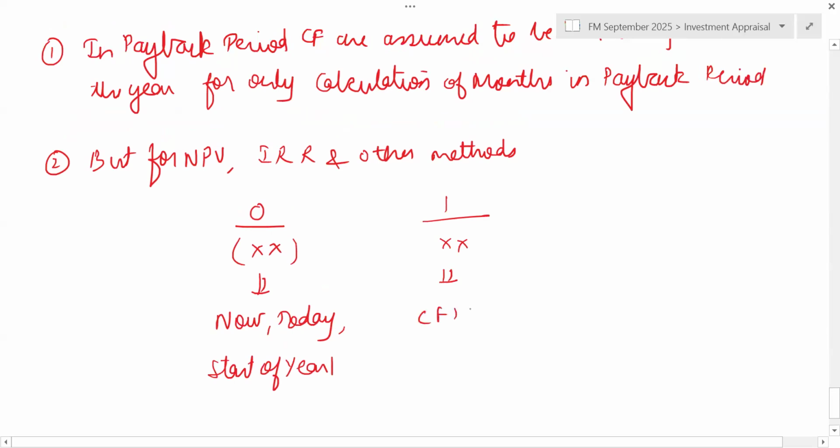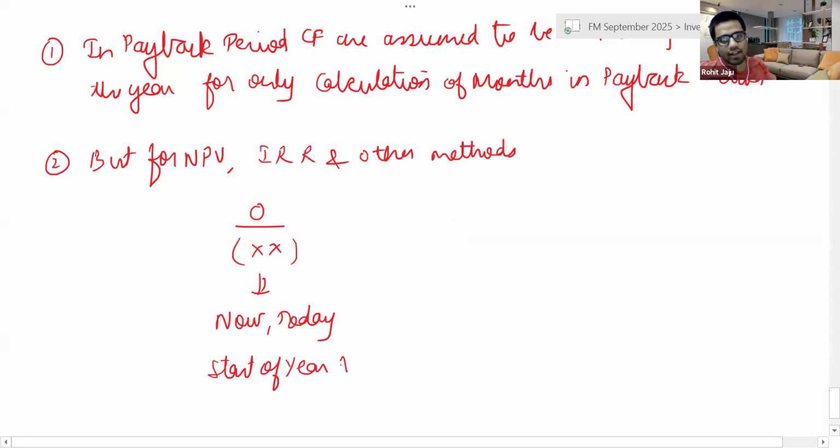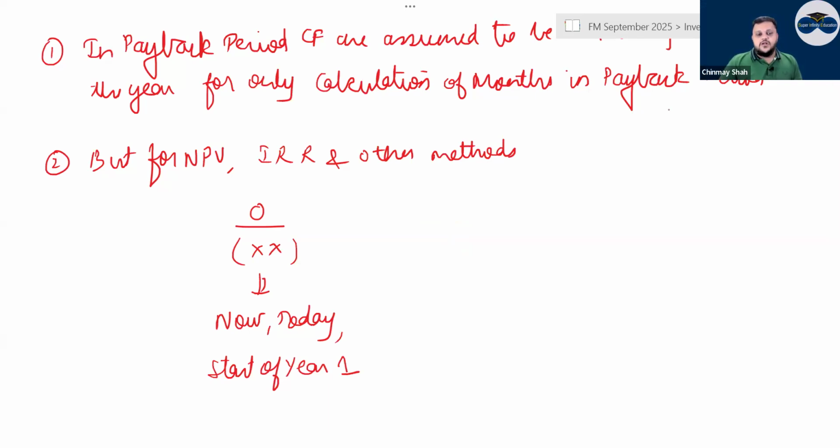Cash flow received at the start of year 1. Today, now, or start of year 1.